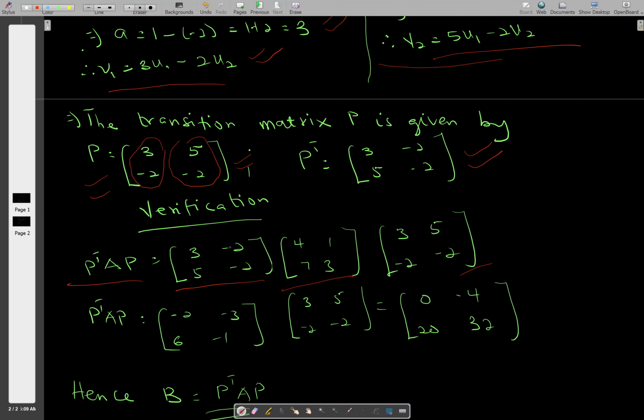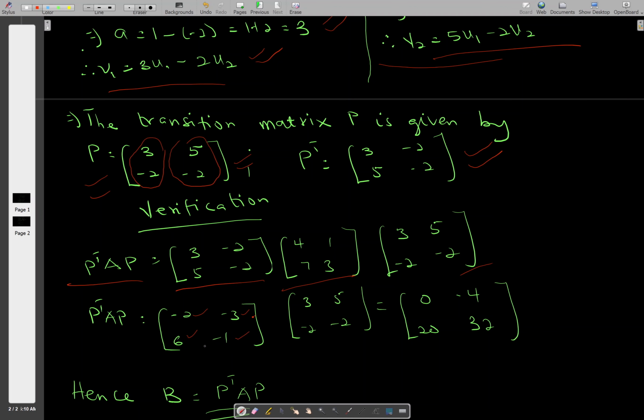So 3 times 4 is 12 minus 14, which is negative 2. Then 3 minus 6, that is negative 3. You consider the second row. 20 minus 14, that is 6. Then 5 minus 6, which is negative 1.